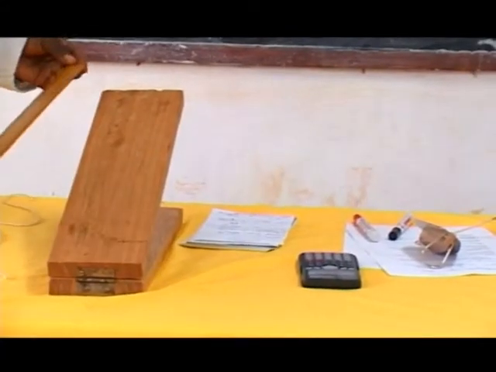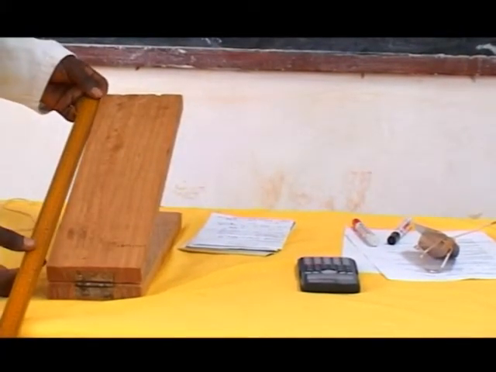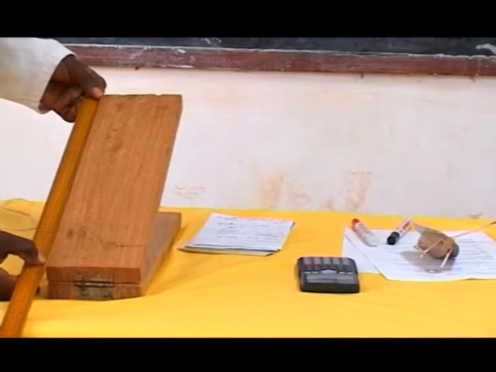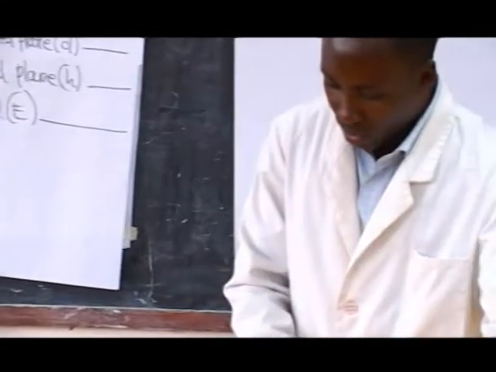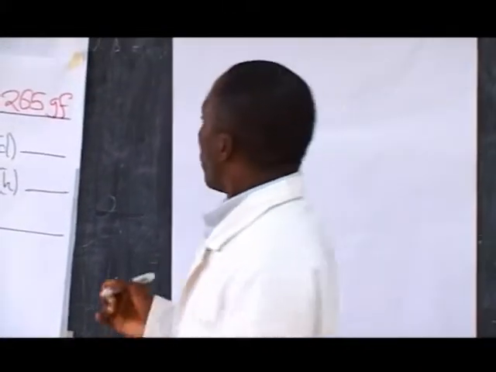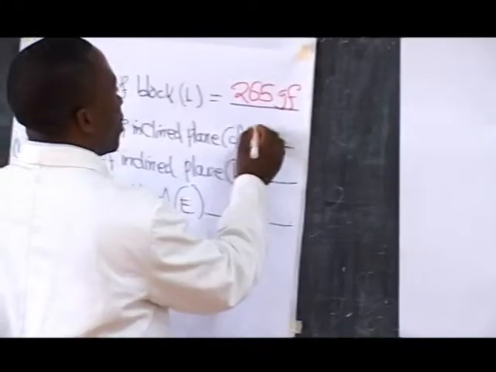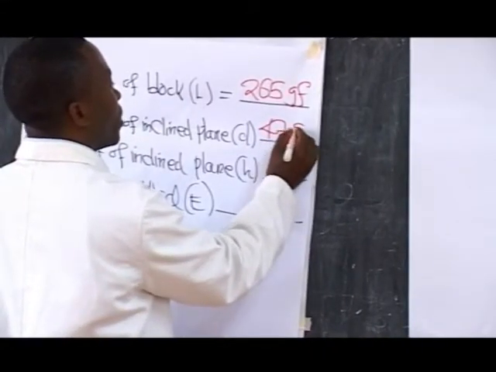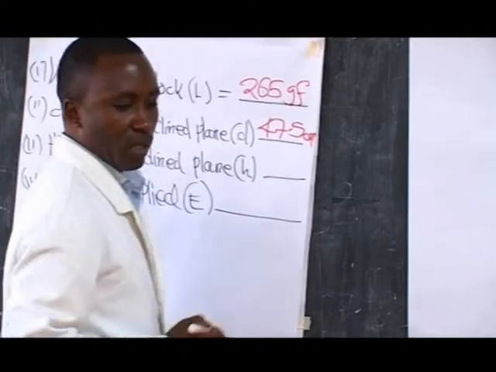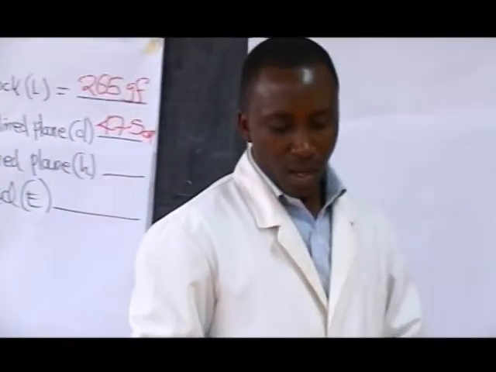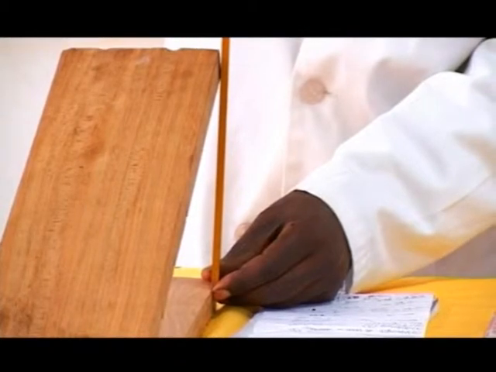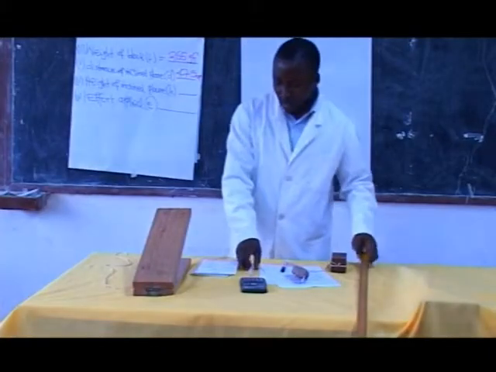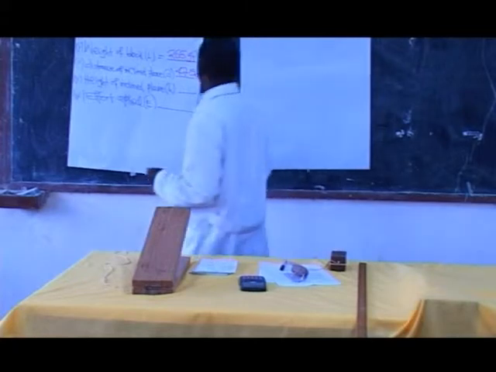Measure the distance of the inclined plane using a ruler and then record. The distance of the inclined plane is 47.5 centimeters. Then measure the height of the inclined plane.